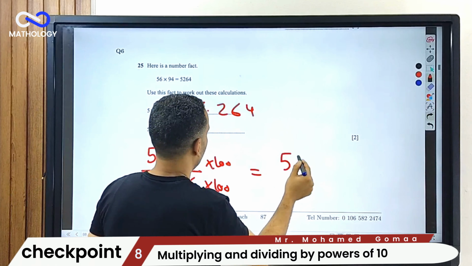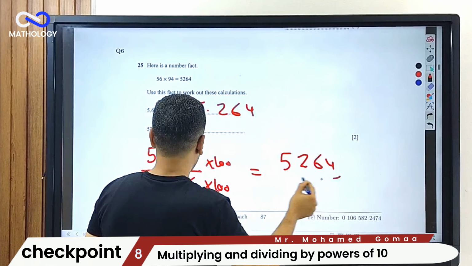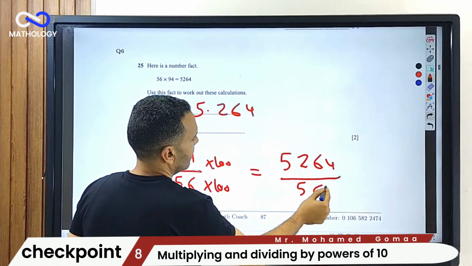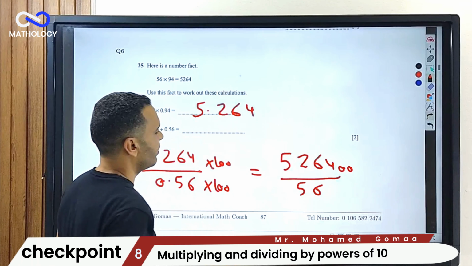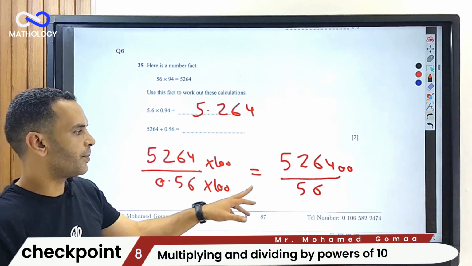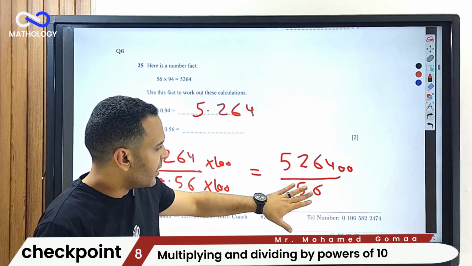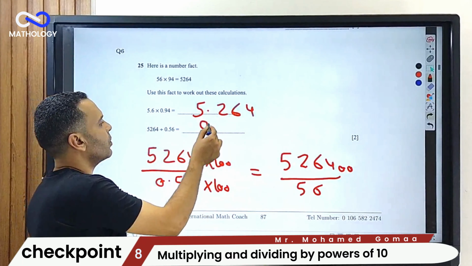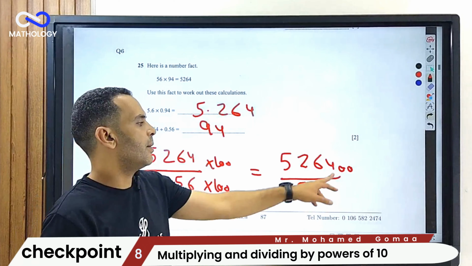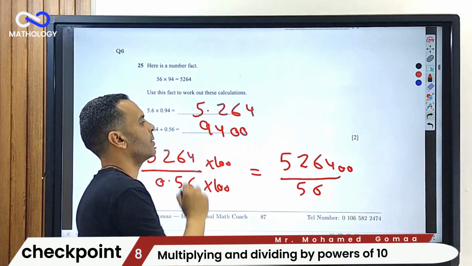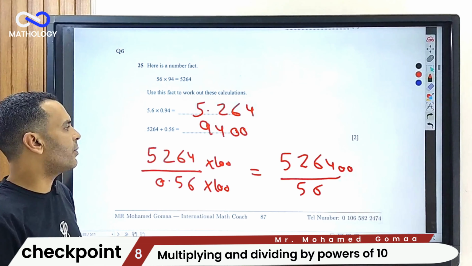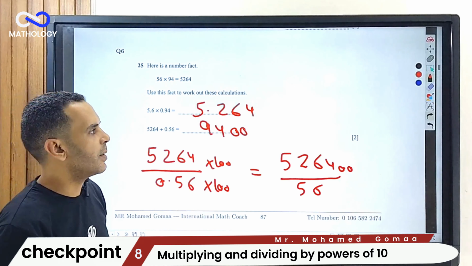It will be 5264 divided by 56, and we have two zeros here. 5264 divided by 56 equals 94, and put the two zeros here. It will be 9400. This is the result.